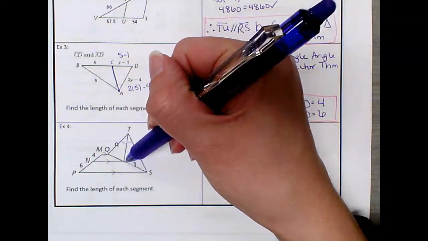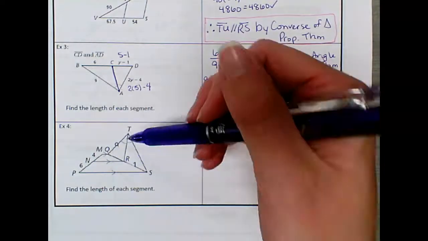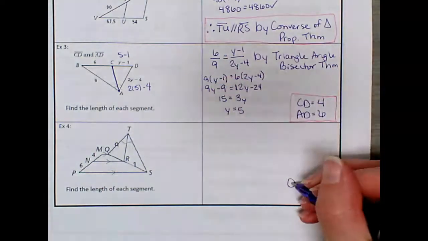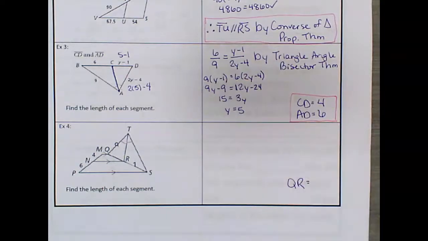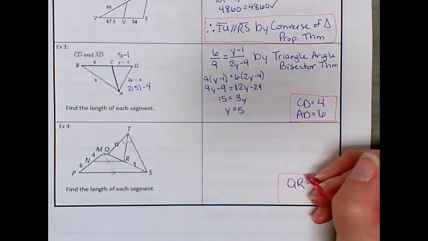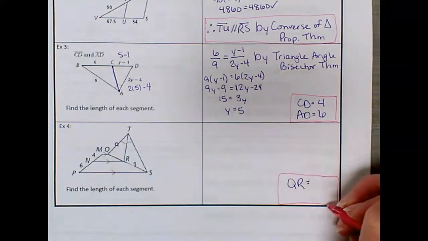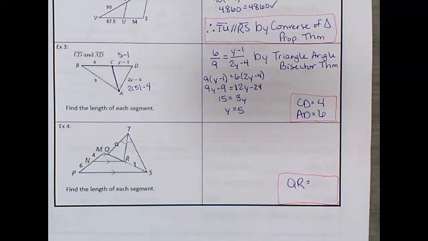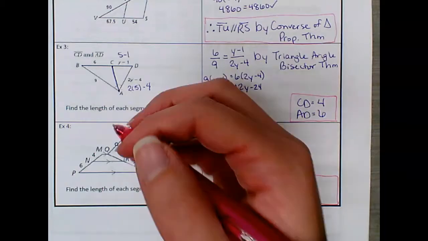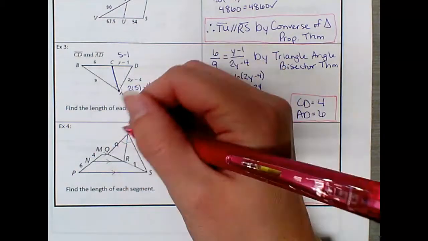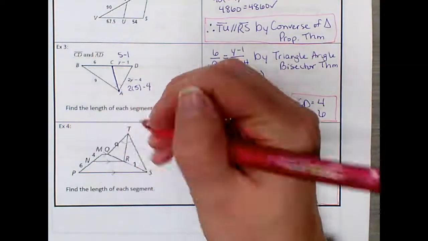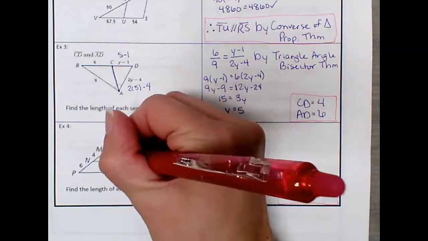We'll see what else we don't have in a moment, but we'll definitely try and find QR. Oh, I see. We have TQ, but we don't have TS. So we don't know this, and we don't know this.